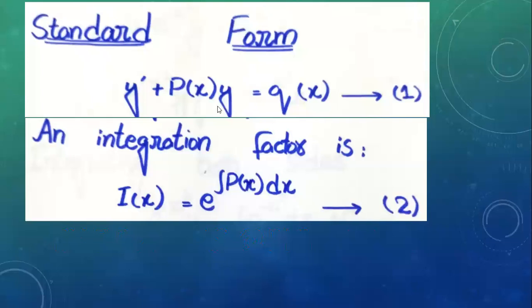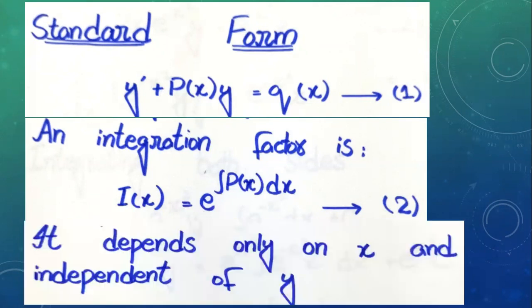Once you have this standard form of the given problem, you define your integration factor I of x, which is defined as exponential integral of p of x dx. Here this p of x is the same p of x you obtain from this equation. You can see that this integration factor depends only on x and is independent of y.